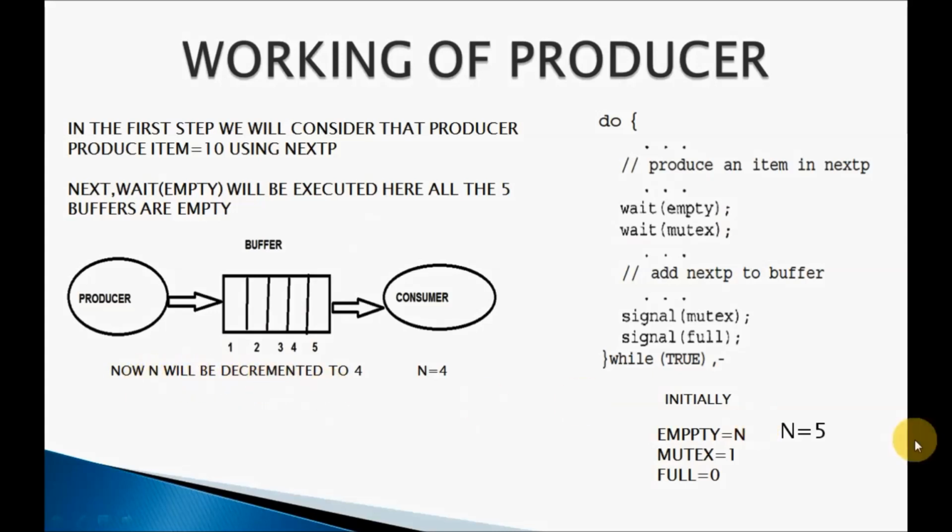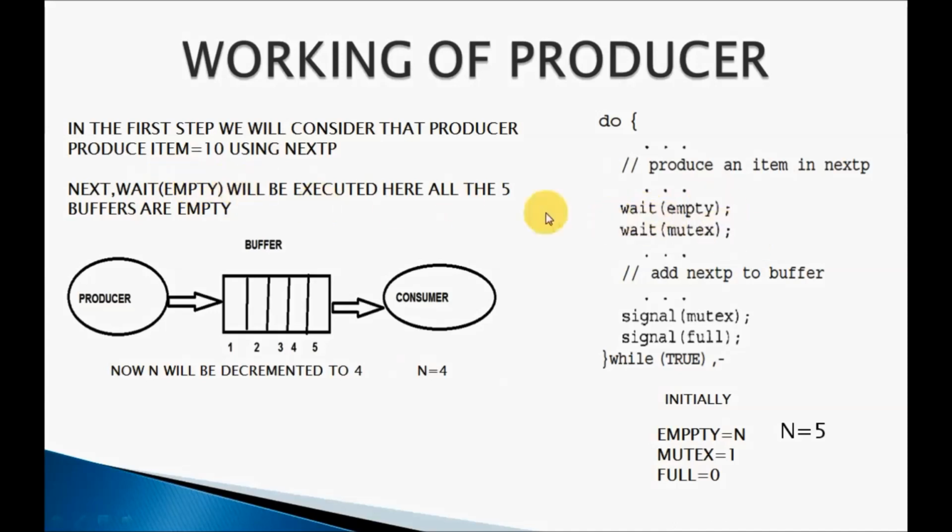What is the value of empty? 5. The value 5 will be decremented to 4. Why is that? I will explain next; you will understand why the empty value is decremented from 5 to 4. But initially you should know that it produced the item. Next it should check whether the buffer is empty or not, because it has to produce that.